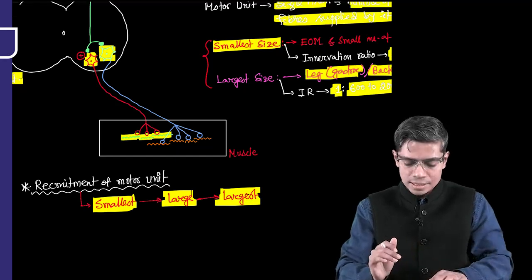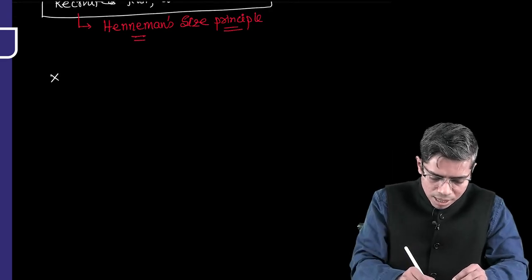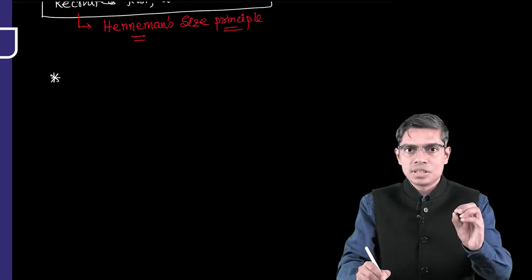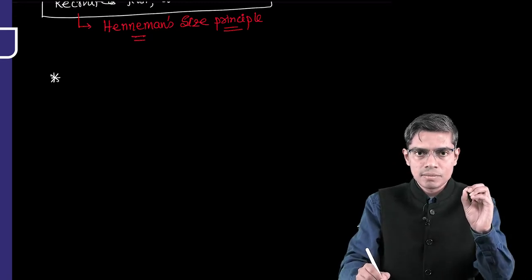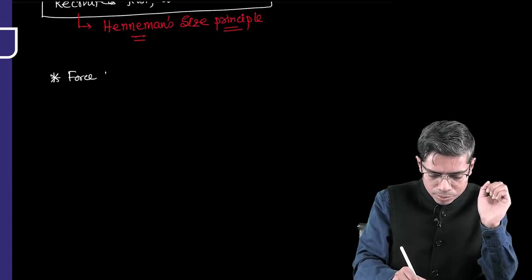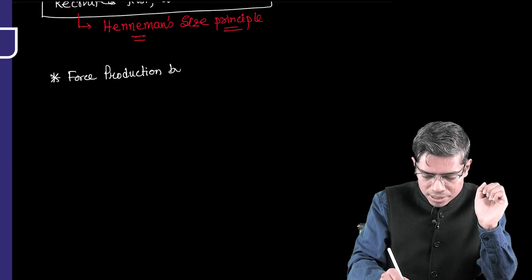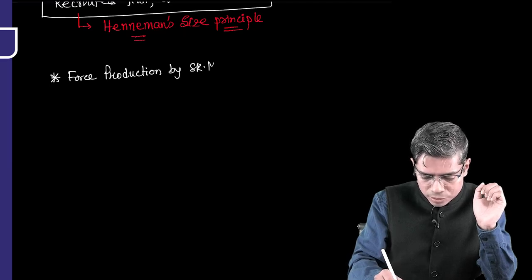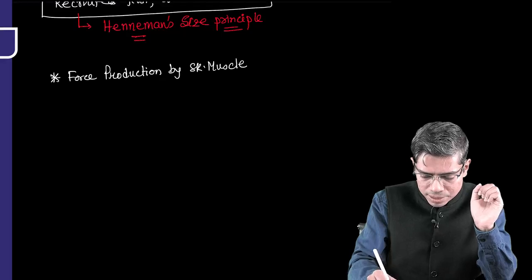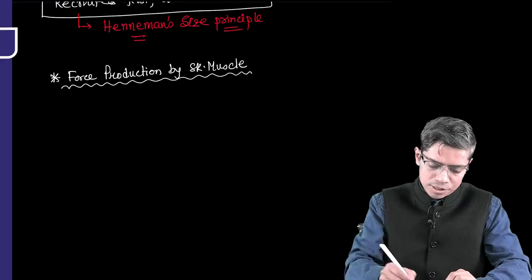Getting my point? So I am asking a question: what are the different ways by which skeletal muscle increases force production?